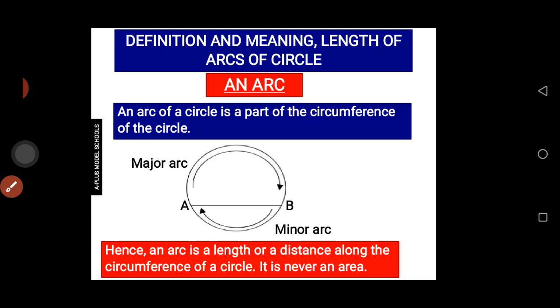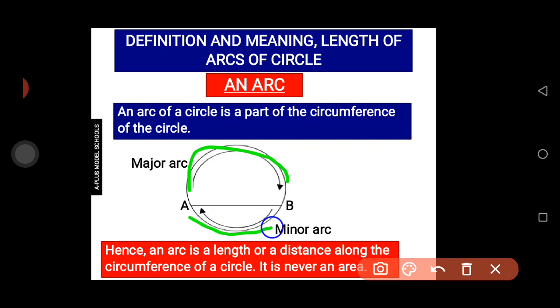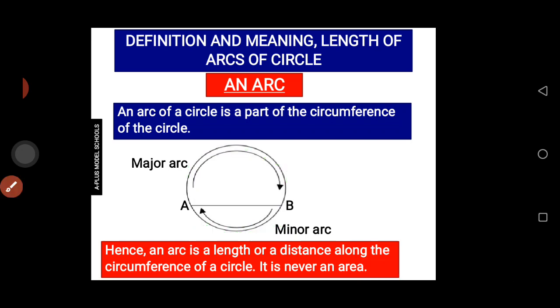The one that is larger than the other is the major arc, and the curved part that is not as large as the first one is known as the minor arc.